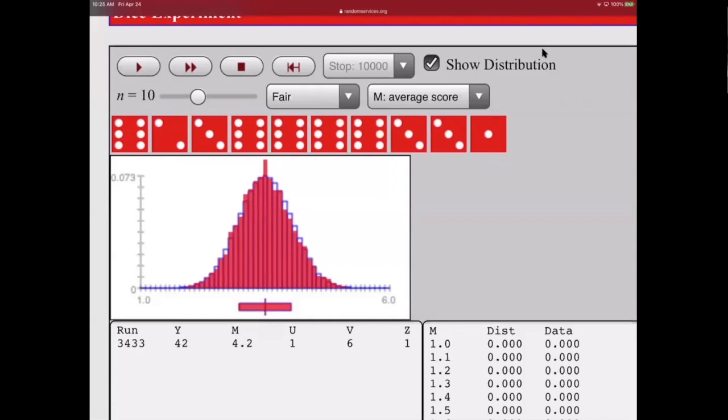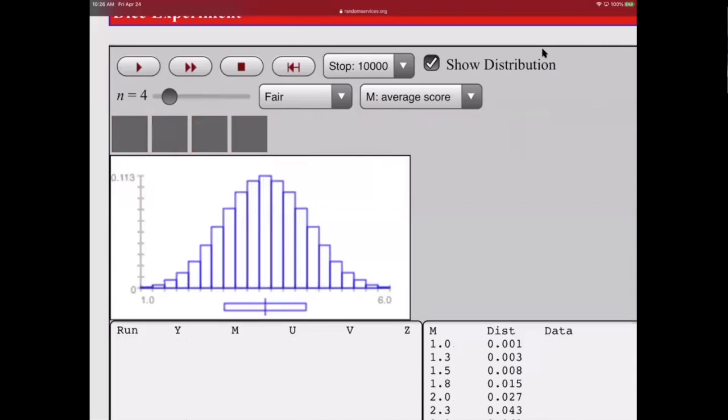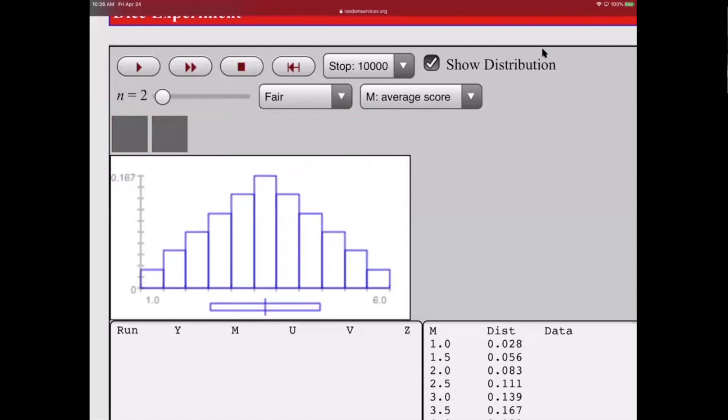It's not really that lots of things out there have normal distributions. The important thing about the normal distribution is, regardless of the population you're working with, when you do averages from that population, they will come out with a normal distribution as long as your sample size is big enough. I don't know if you remember, this is coming out bell-shaped, right? So we'll stop that. But when you do samples of size 2, that's not normal.